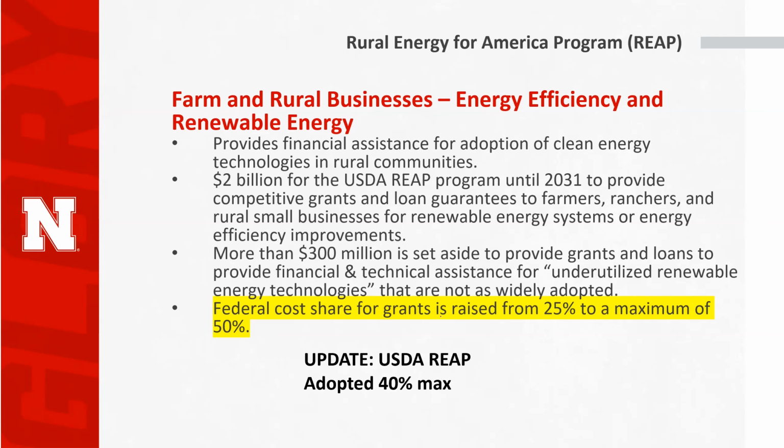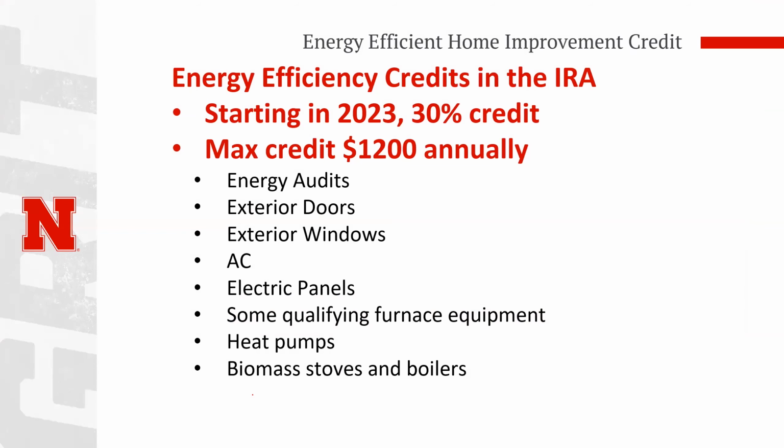Now I have a little update here. Since I wrote this slide, the USDA came out with their Rural Energy for America Program grant maximum, and they designated it as 40%. So again, that went from 25% to 40%. And so that's going to be a big deal if a business can get that.